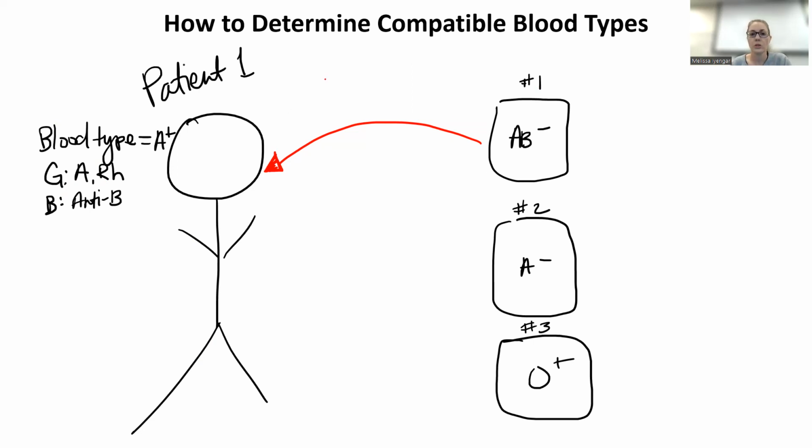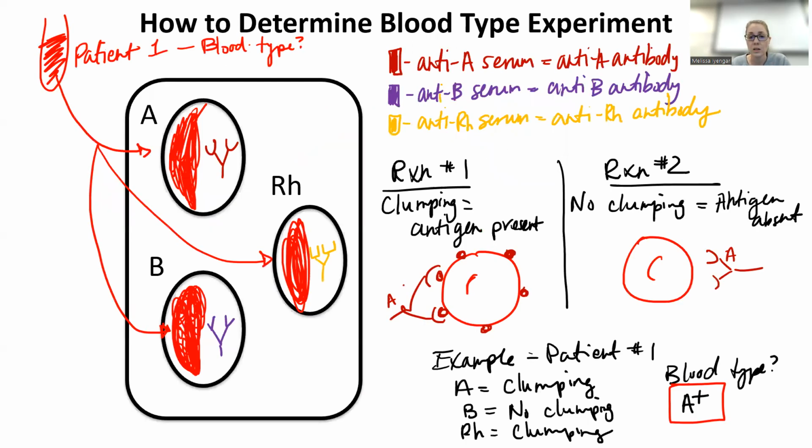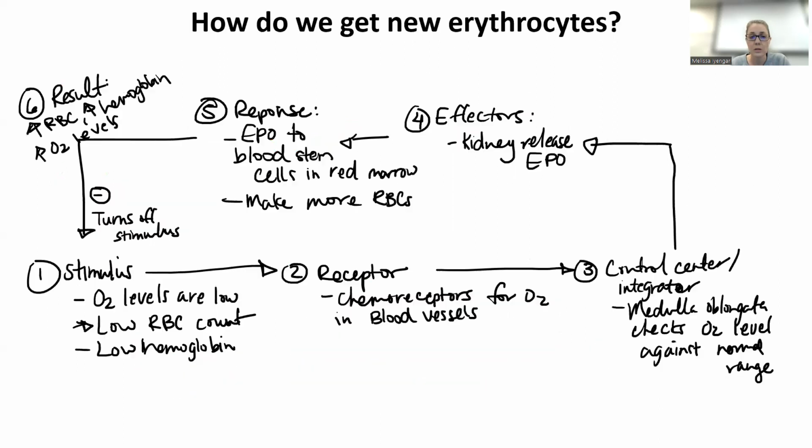So the purpose of blood transfusion is you don't have enough red blood cells. If you don't have enough red blood cells, hopefully you know what happens. Remember this whole thing back here that maybe you didn't watch, but you hopefully know. Oh, low red blood cell count right there.